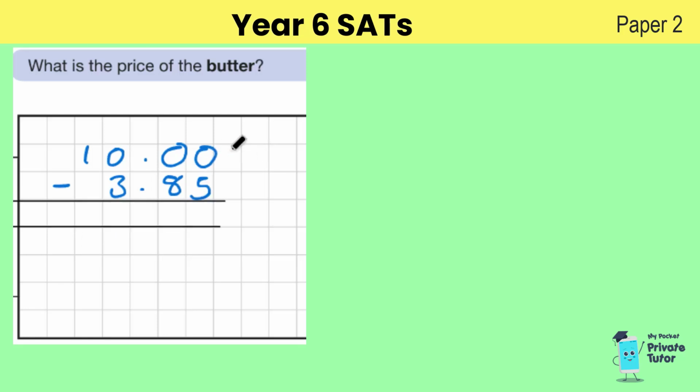We can't do 0 take away 5, so we're going to have to go along to our 1 and make that a 10, so that we can make it a 9, make that a 9 so that we can make that a 10. So we're just doing our borrowing, exchanging. 10 take away 5 is 5, 9 take away 8 is 1, decimal point, 9 take away 3 is 6, and then we've got nothing there. So £6.15 is what she has spent.